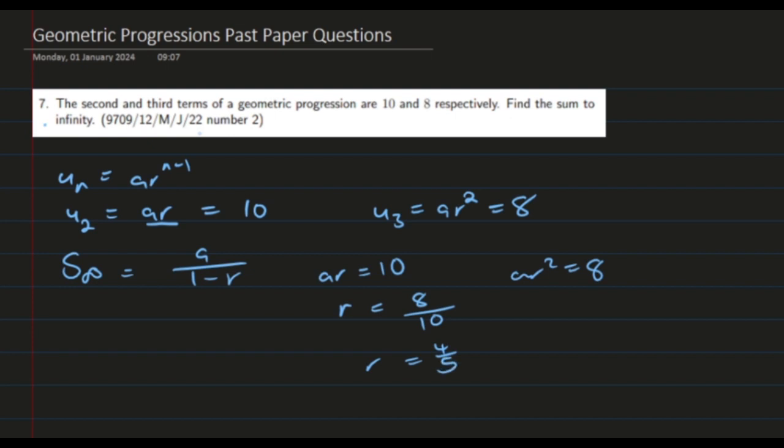Now let's find a. We have ar equals 10, which is a times 4 over 5 equals 10. So a is equal to 10 times 5 over 4, which is 25 over 2, or 12.5.